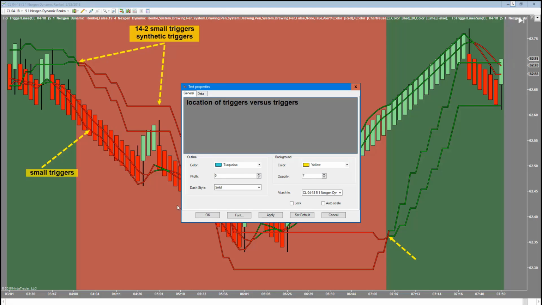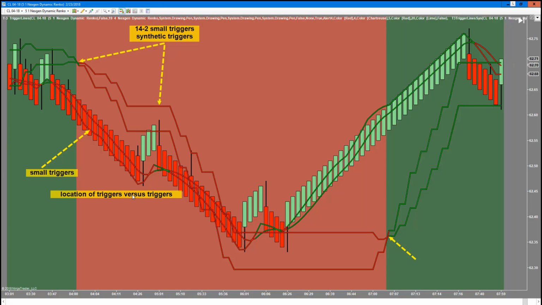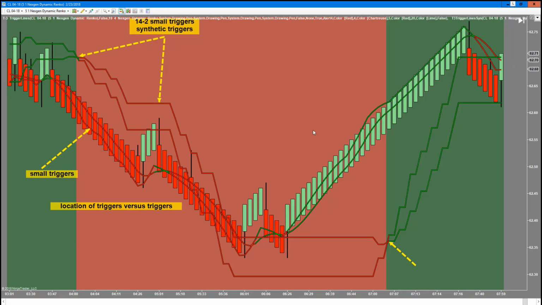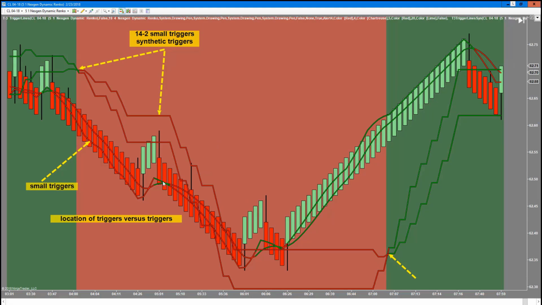When we start looking at our trading rules, the location of our trigger lines relative to the other trigger lines is going to be important. In the last little section, we talked about location of the trigger lines relative to our Fibonacci areas as being important. Well, if the small trigger lines are physically below the synthetic trigger lines, we have much easier, higher probability trend trade shorts.